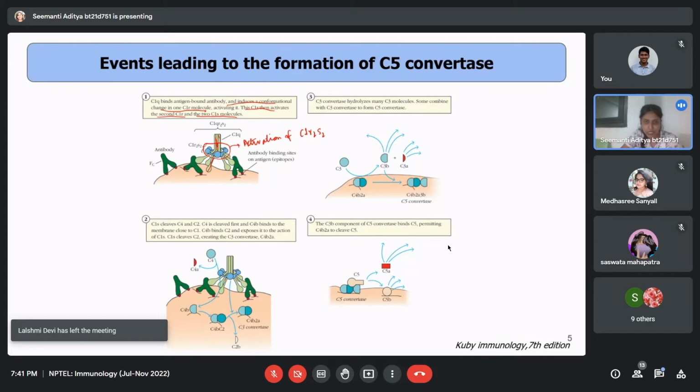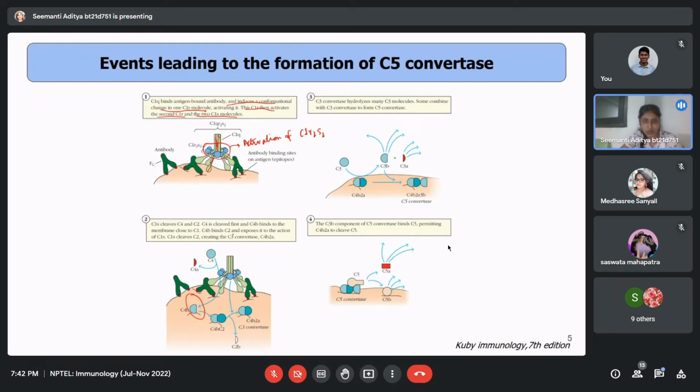C4 is cleaved first and gets cleaved into C4a and C4b. C4b will go and bind to the membrane. So C4b is over here, binding to the membrane. Once C4b is binding to the membrane, there is another complement protein cleaved by this complex, that is C2.